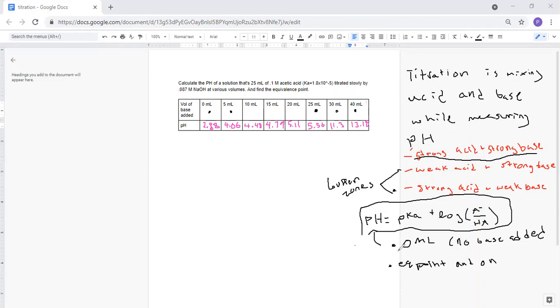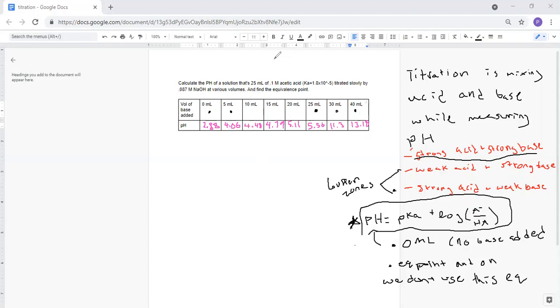These are the 2 points we don't use this equation. The rest of them, you use this equation, okay? For all the rest, you use this equation.